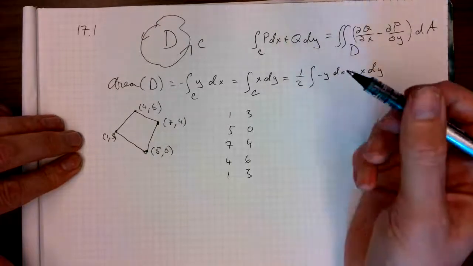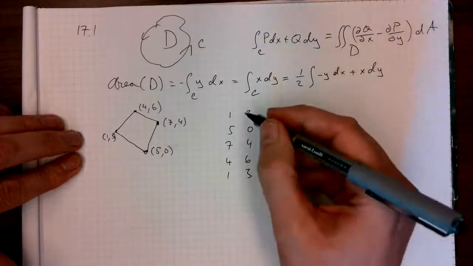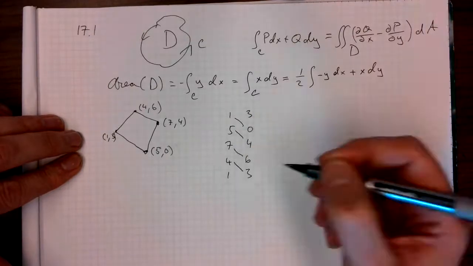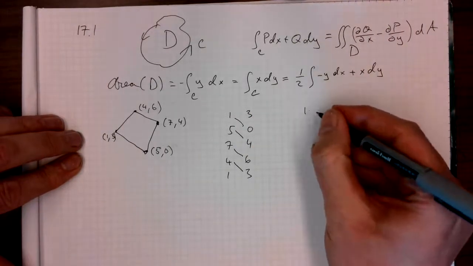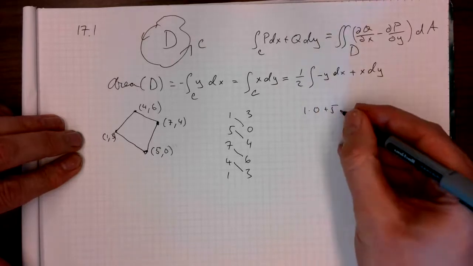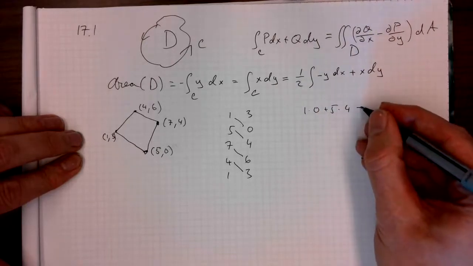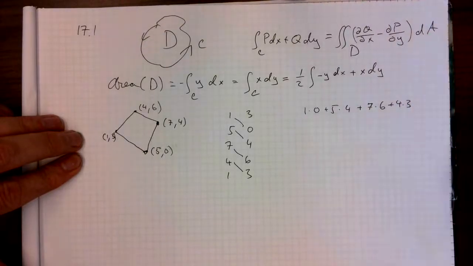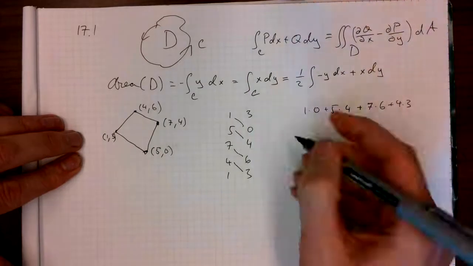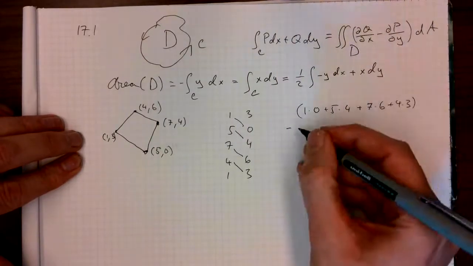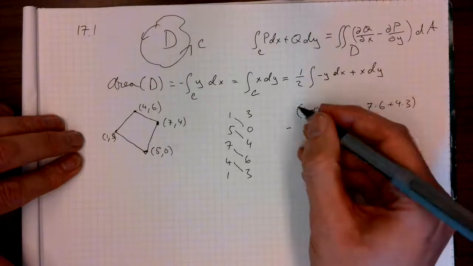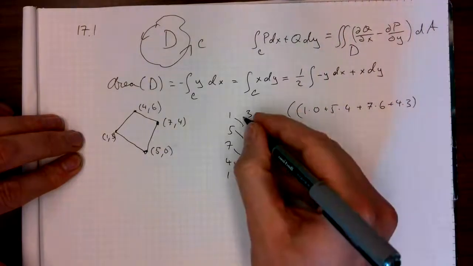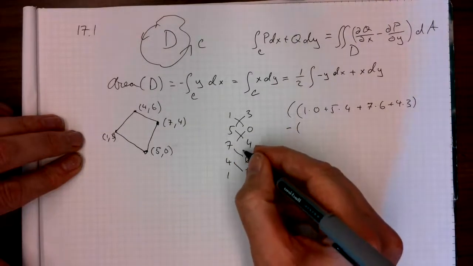Now what we'll do is multiply and add like this. So we'll have 1 times 0 plus 5 times 4 plus 7 times 6 plus 4 times 3. And then we'll subtract, basically doing the thing in the reverse.